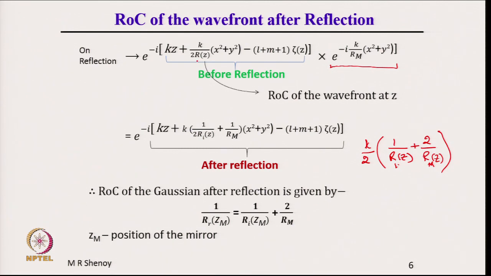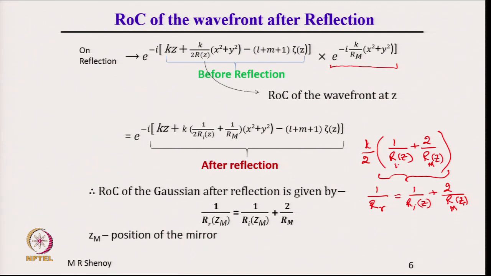Comparing it with the original term here, the first term before reflection, this says that the radius of curvature after reflection must be given by this term, that is 1 by r r, that is r r here stands for the radius of curvature after reflection of the beam, is equal to 1 by r i of z plus 2 by Rm. Rm is the radius of curvature of the mirror.